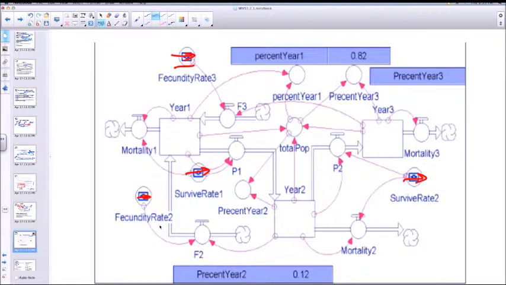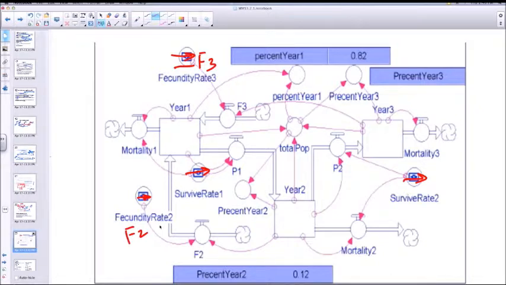What other information is so important? I made it a little complicated. This one we already talked about, that's F2, and F3, and what's the P1, P2?